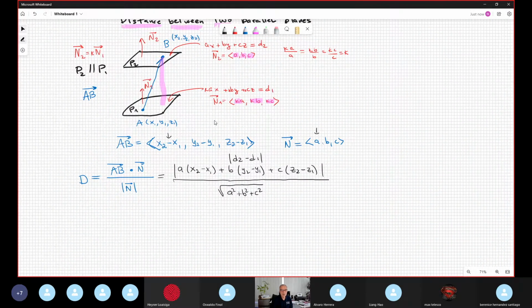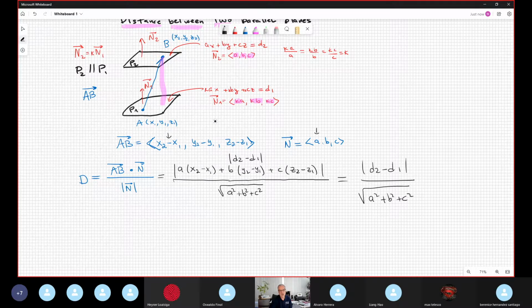So now, in this equation, when you plug in point 1, that is d1. When you plug in point 2, that is d2. So basically, you distribute, separate the part that contains 2 and the part that contains 1. And the formula is super easy. It's the absolute value of d2 minus d1 divided by the square root of a squared plus b squared plus c squared.